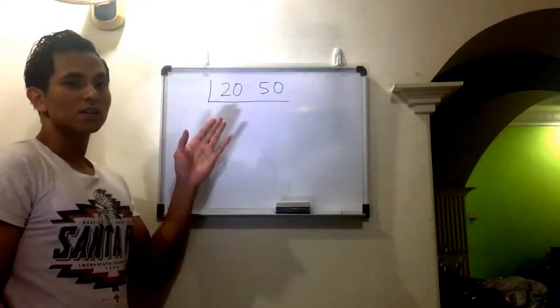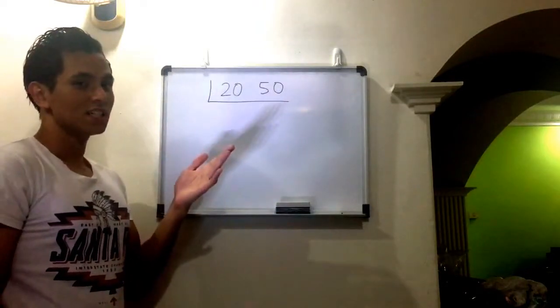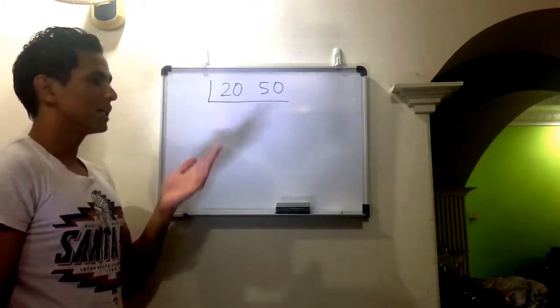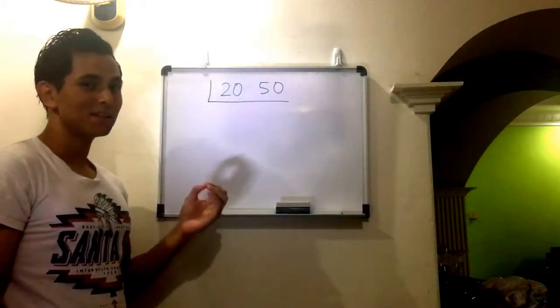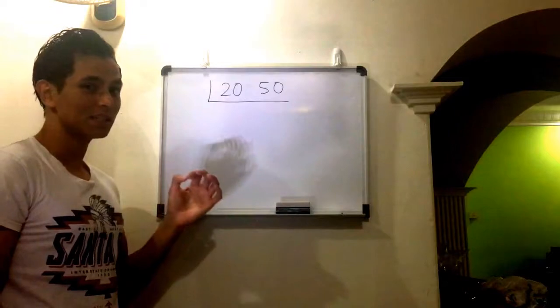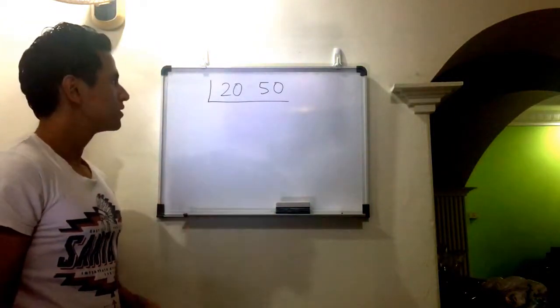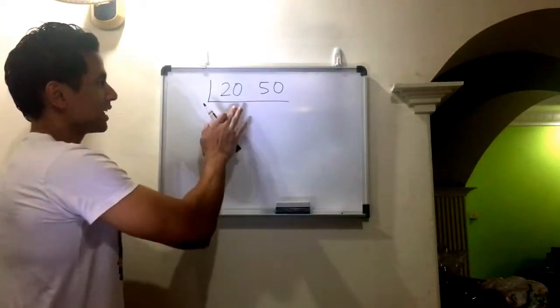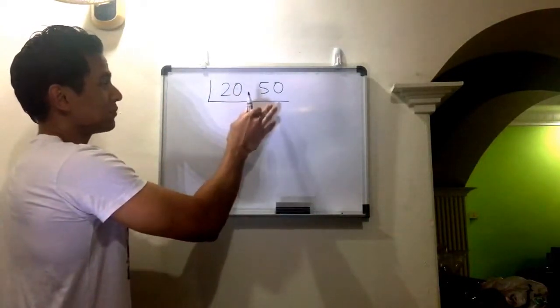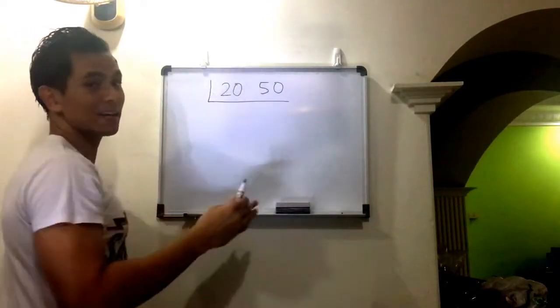Recall that a prime factorization would be dividing the numbers here by the lowest prime number possible that is not 1. So now, we need a prime number that is the lowest possible one that 50 and 20 can be divided by.